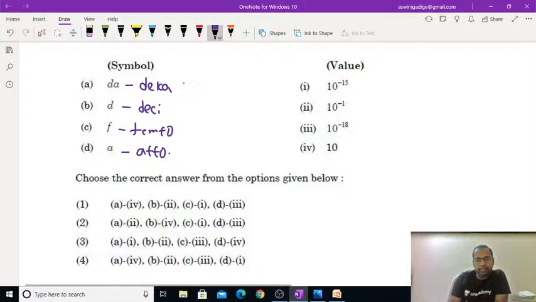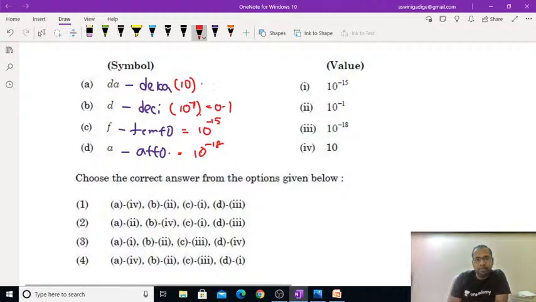So deca is nothing but 10. Deci is nothing but 10 power minus 1, that is 0.1. Femto is 10 power minus 15. And atto means 10 power minus 18.